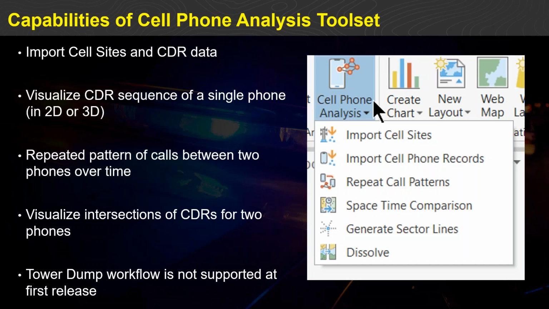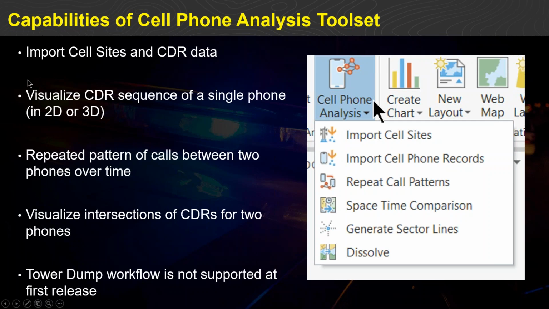So, in terms of the actual capabilities in this tool set, first and foremost, the new tools in the Crime Analysis Solution are going to help you import your cell sites and sectors, as well as your CDR data. There are two tools that support that. One tool to bring in your cell sites and sectors, called Import Cell Sites, and a second to import and associate your cell phone records to those cell sites and sectors.